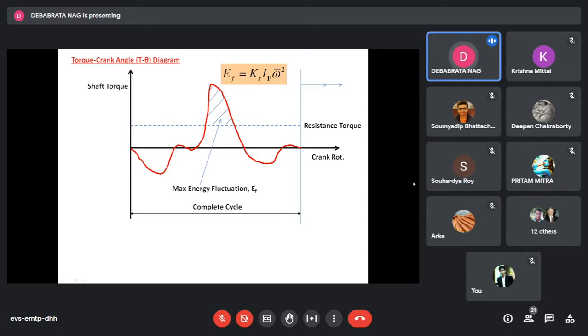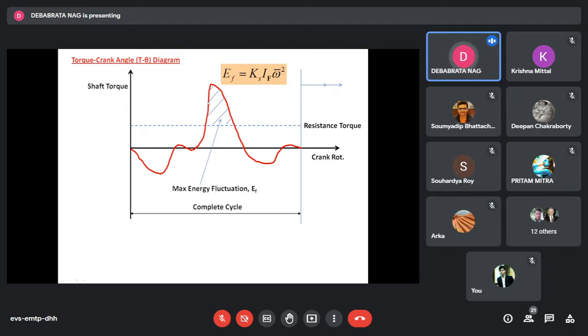Whatever be the crank position from the inner dead center, etc., the resistance torque will always remain approximately the same. So if you see, this resistance line goes here, and this supply torque line goes there, and there is a loop of this supply torque with respect to the resistance torque. The resistance torque line divides this entire torque line into multiple loops.